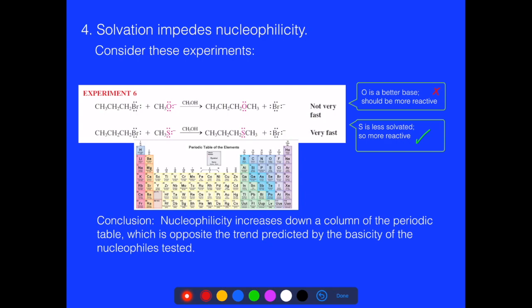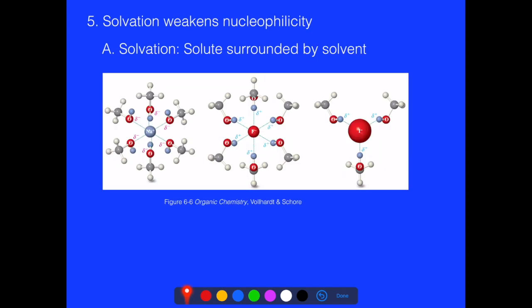All right, and so why is this? Well, let's go on and talk about this just a little bit more. Solvation surrounds the solute and impedes it. If we think about sodium, positively charged, in methanol, like we just talked about, here would be the carbon, CH3OH.